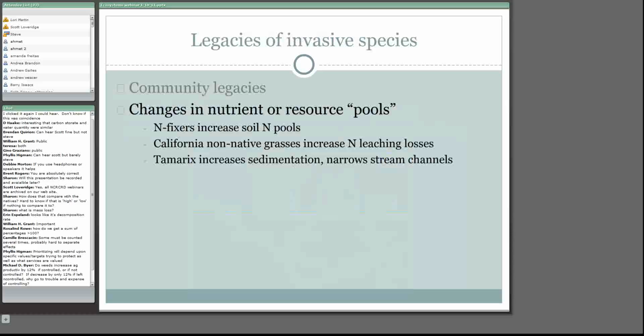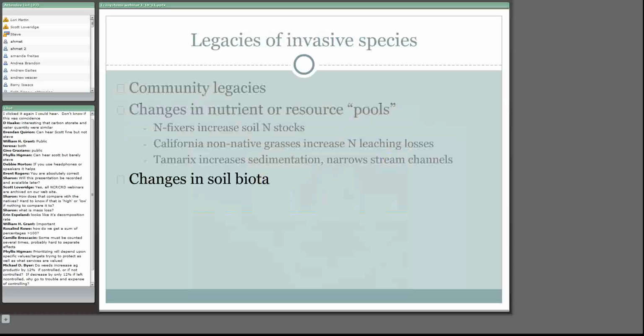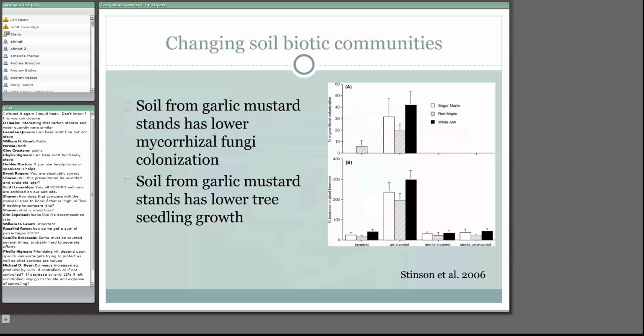So, changes in soil biota. Talking about, again, microorganisms. If we look at the soil, in this case, soil from garlic mustard stands has lower mycorrhizal fungi colonization. Soil from garlic mustard stands has lower tree seedling growth.